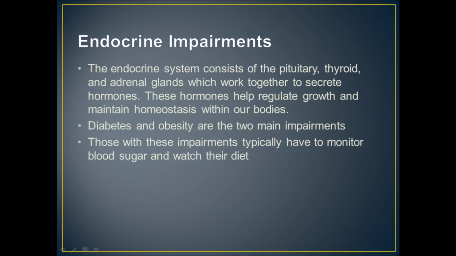So the next one is the endocrine impairments, and the endocrine system consists of the pituitary, thyroid, adrenal gland, which work together to secrete hormones. These hormones help regulate the growth and maintain our homeostasis in our body. Diabetes and obesity are the main types here. With those impairments, they typically have to monitor blood pressure and their diets.